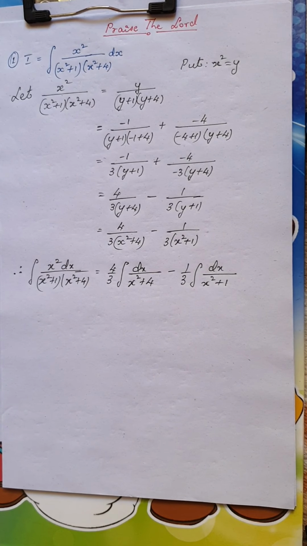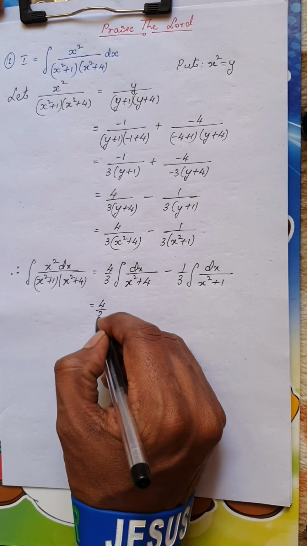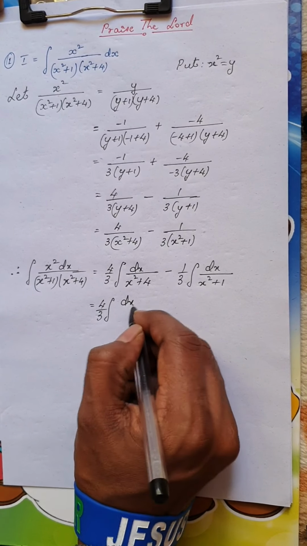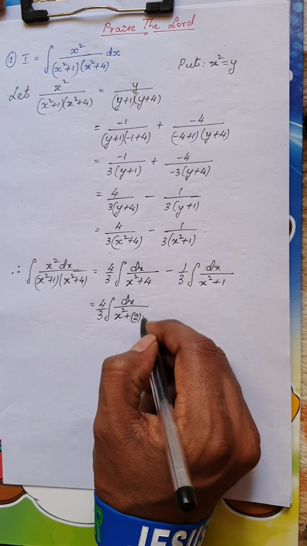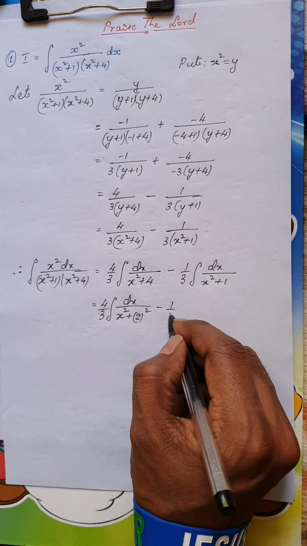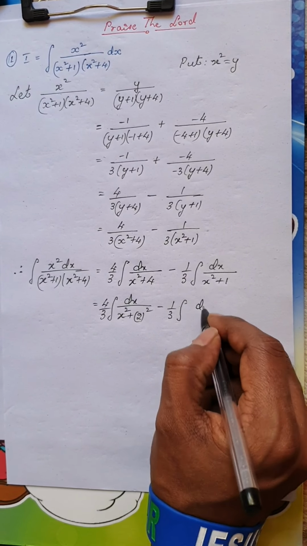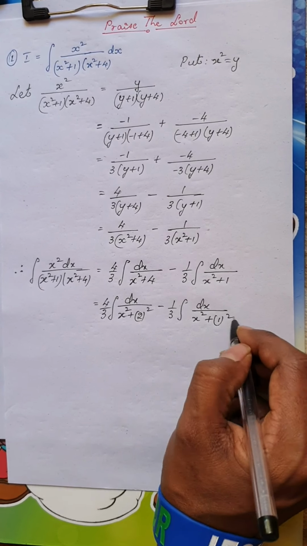Now, see how beautifully you are going to get the solution for this. I can write this integral as dx divided by x square plus, because 4 is a perfect square, I will write it as 2 square. Similarly, minus 1 divided by the integral of dx divided by x square plus 1 square.